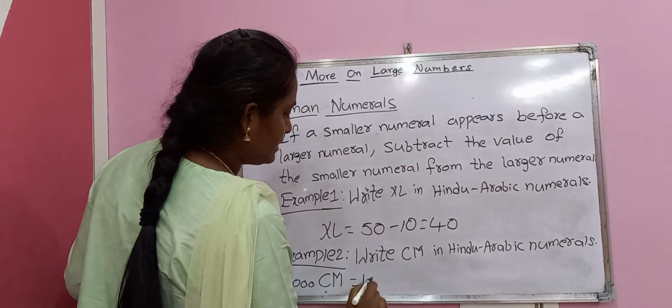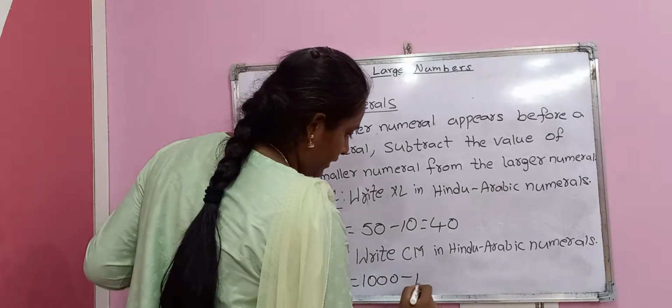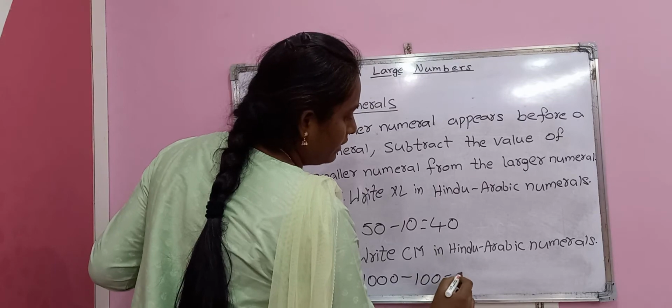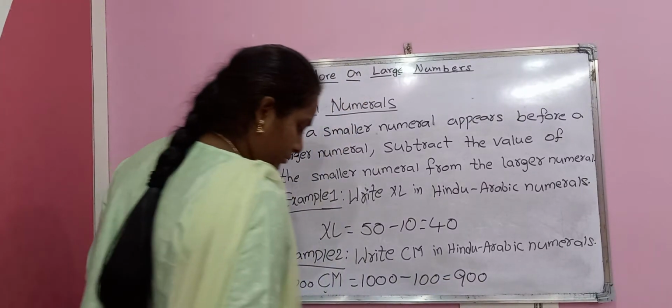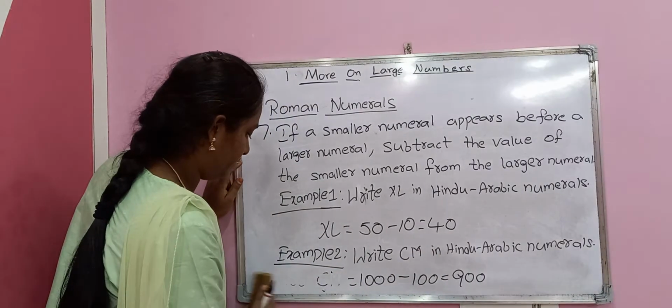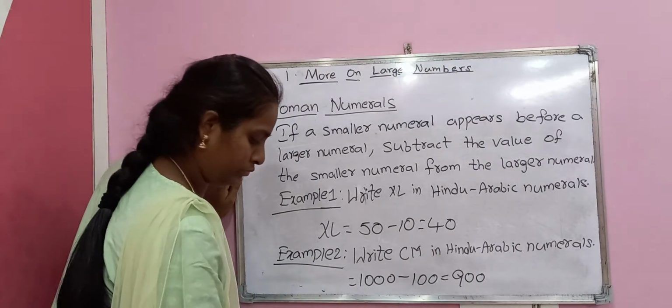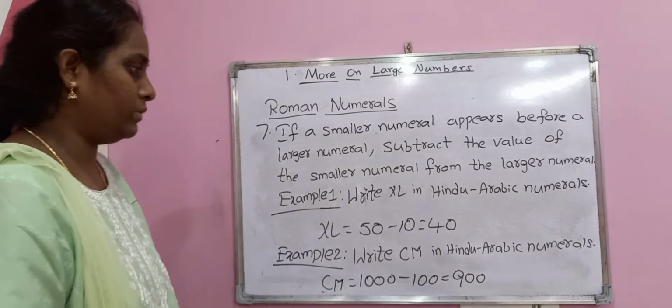M value is 1000 and C value is 100. What is the value? 900. Copy these examples.